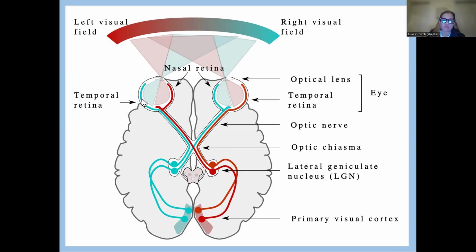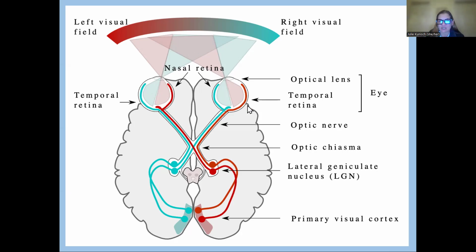So another thing to remember and to point out, here's a temporal or lateral optic nerve. Remember, our eyeballs are spheres. So the visual field from the temporal retina, the information that's coming in is from the central visual field or the nasal visual field.